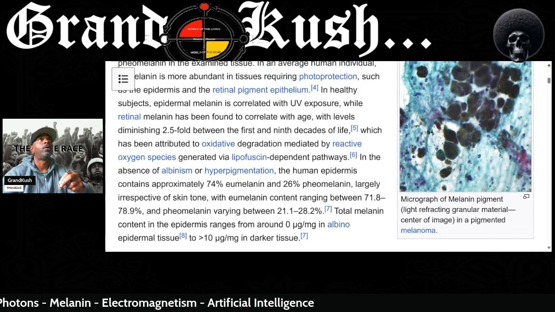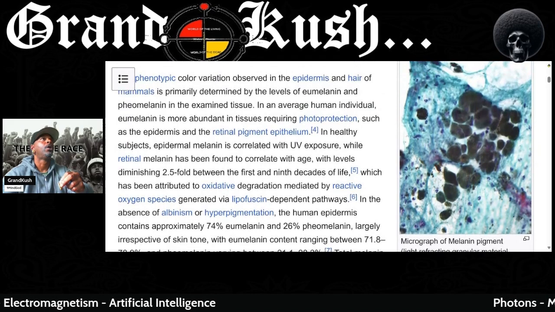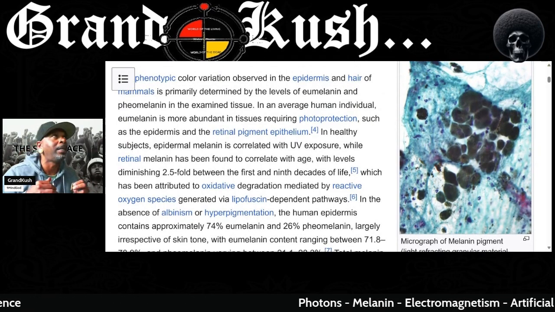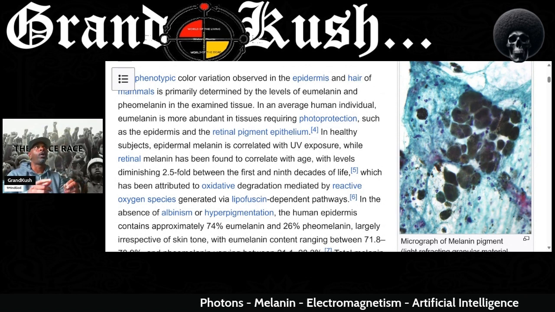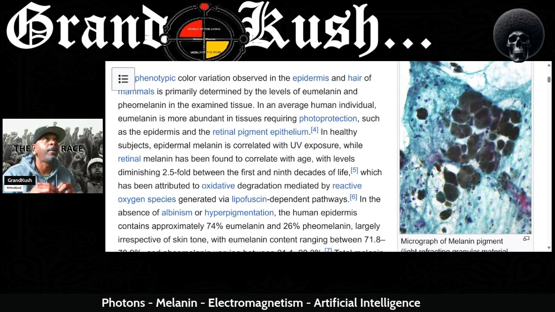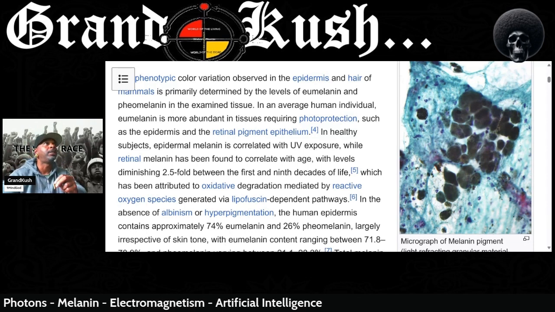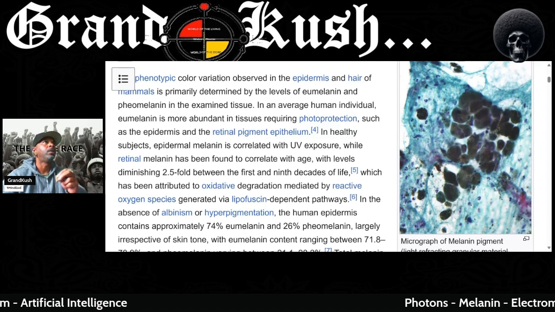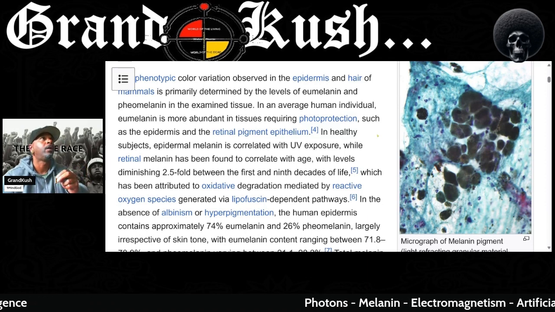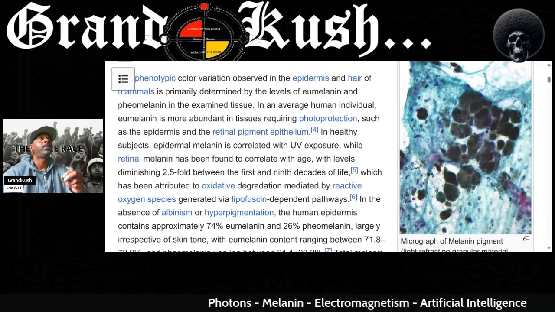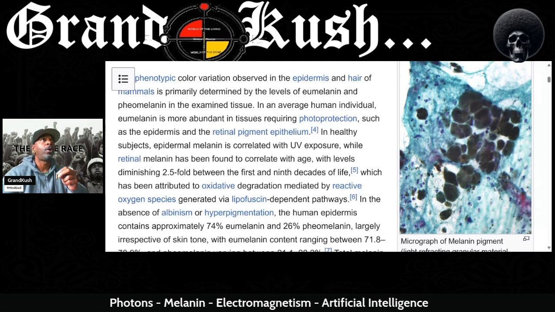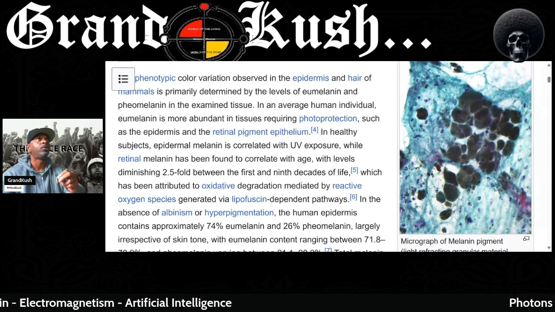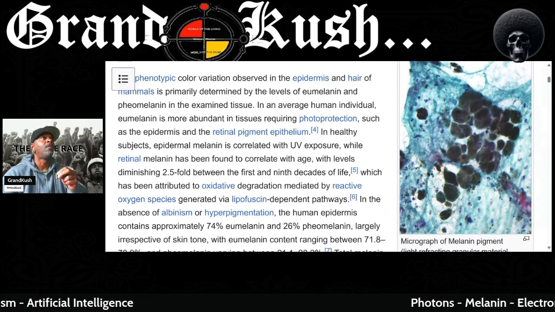Hold on. Let's go here. In an average human individual, eumelanin is more abundant in tissues requiring photo protection, right? Such as the epidermis and the retinal pigment epithelium. I don't know what that is, but I'm not going to go into it right now. In healthy subjects, epidermal melanin is correlated with UV exposure, while retinal melanin has been found to correlate with age, with levels diminishing.